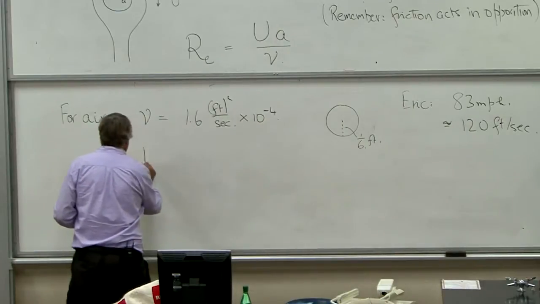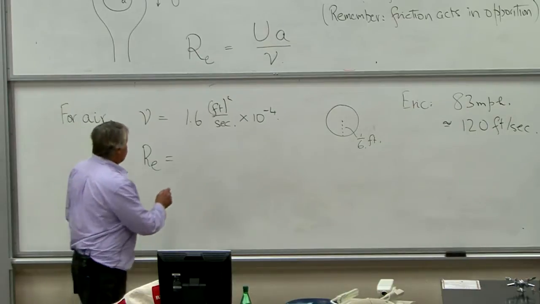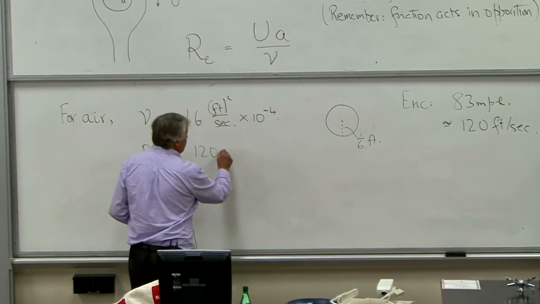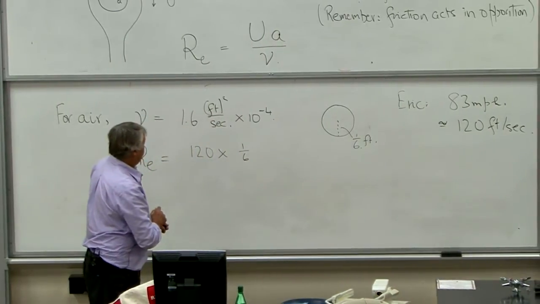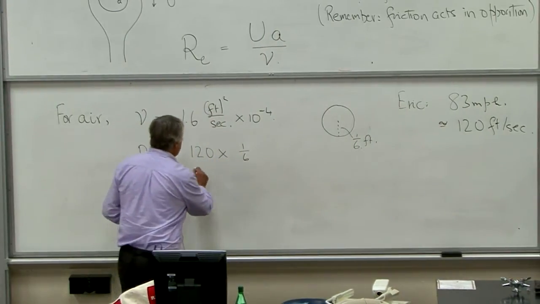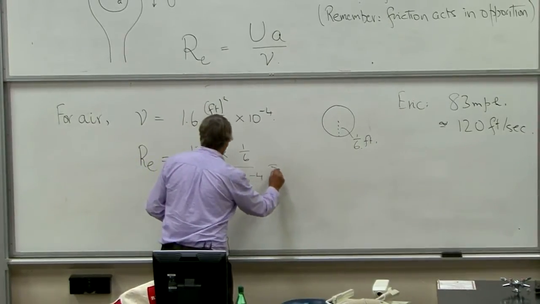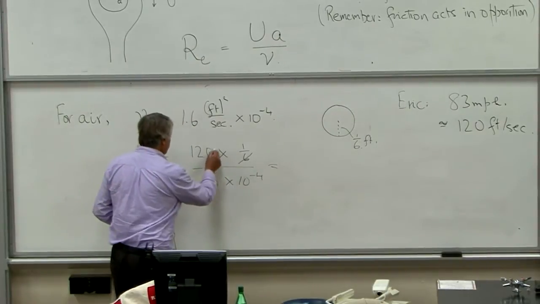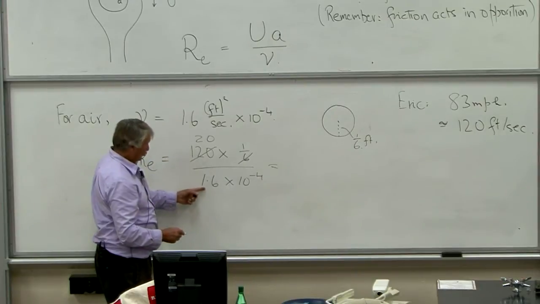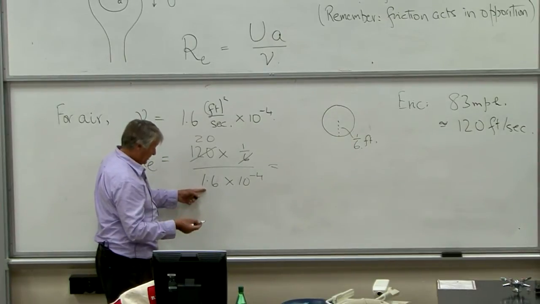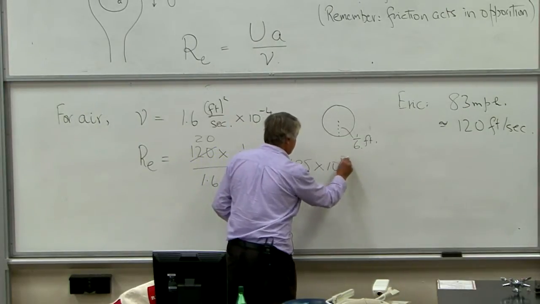So now the Reynolds number for Eric's fastball is 120 times 1/6 of a foot, and now that's foot squared per second, divided by 1.6 times 10 to the minus 4. So 6 into that is 20. 16 into 20 is roughly 1 1/4 times 10. So that's 1.25 times 10 to the 5.